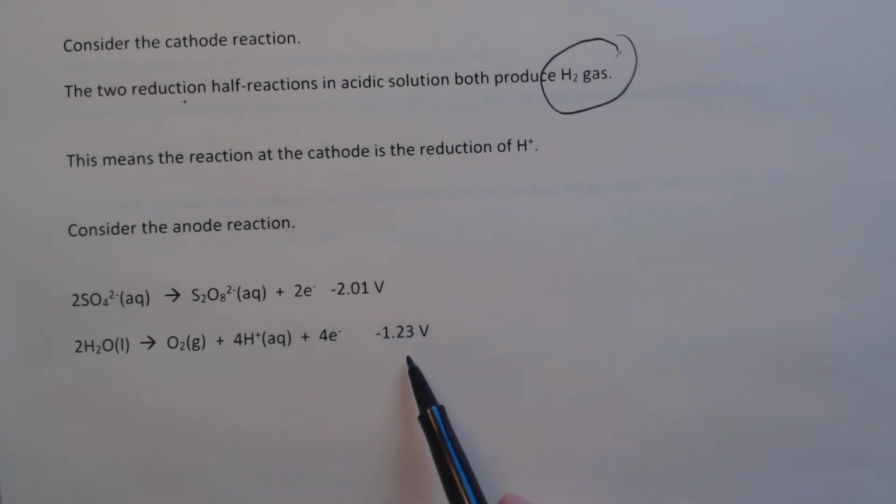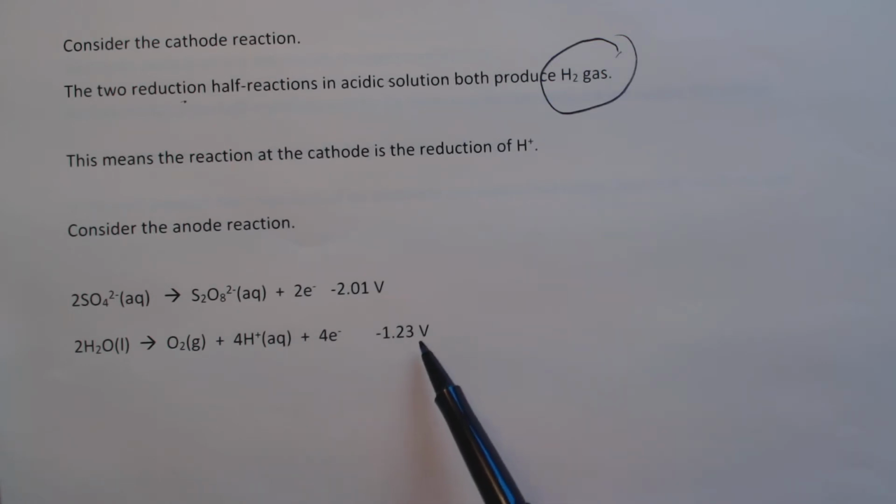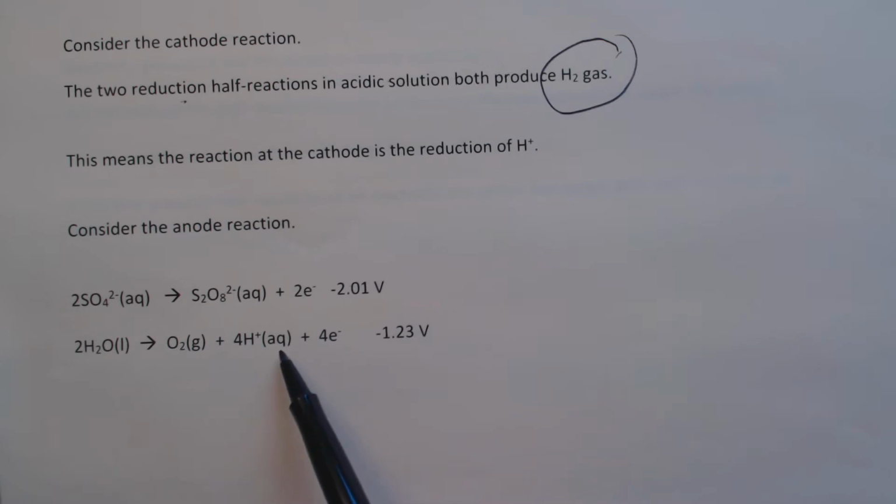So if we put in a voltage of, say, 0.2, neither of these is going to go. If we put in a voltage of 0.4, neither of them is going to go, but if we get up to a voltage of plus 1.4, then this one will begin to happen, whereas this one won't. If we go to 1.6, this one does, this one doesn't, 1.8, 1.9.